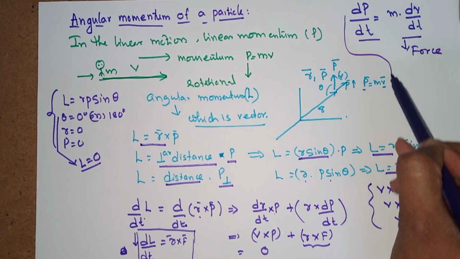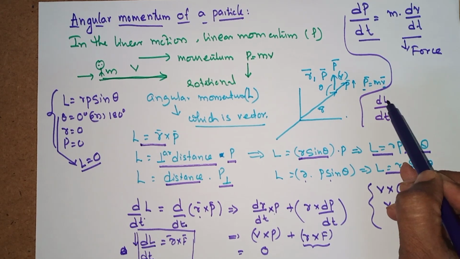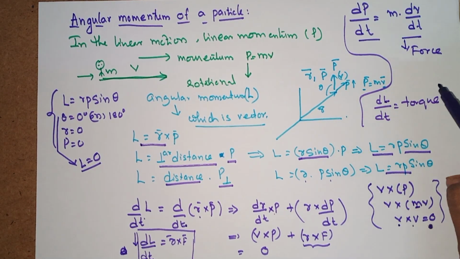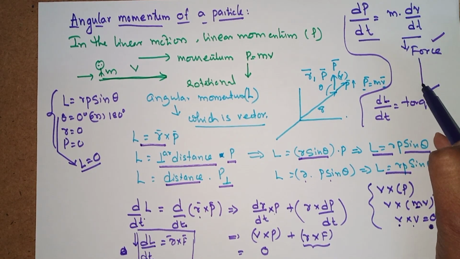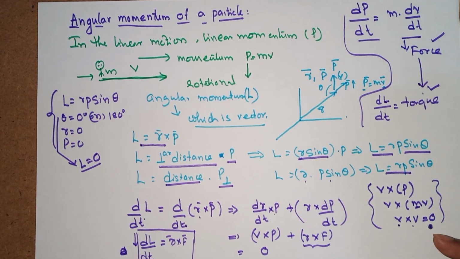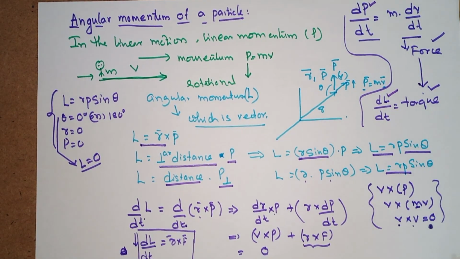The rate of change of angular momentum is called torque. This is torque, this is force. The rotational analogy of force is torque. The rotational analogy of momentum is angular momentum.